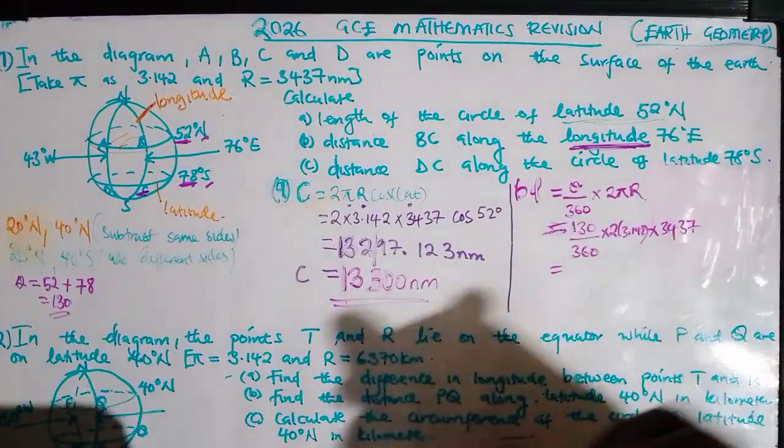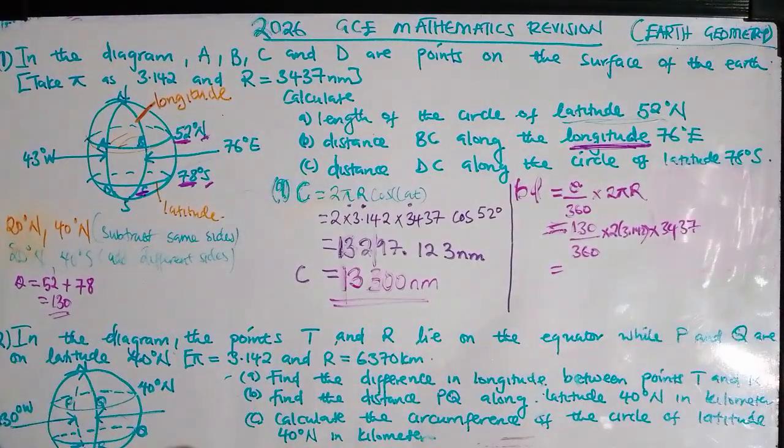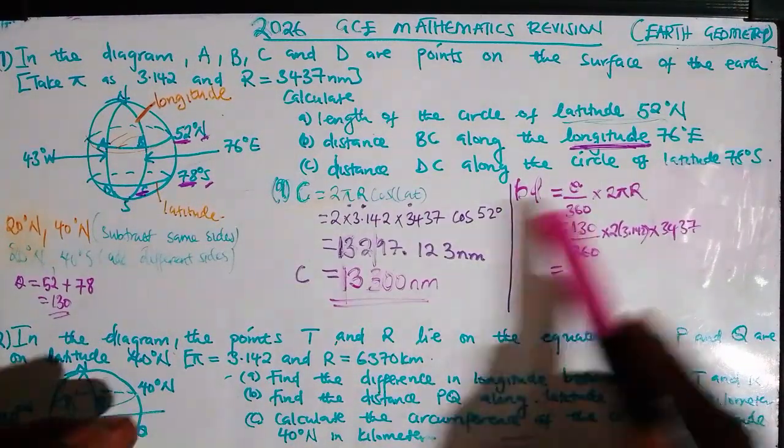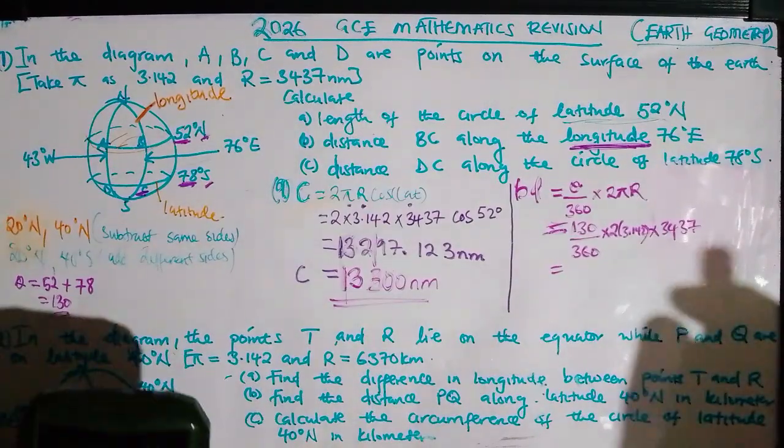Here now, remember, multiply everything on top, then you divide by 360.